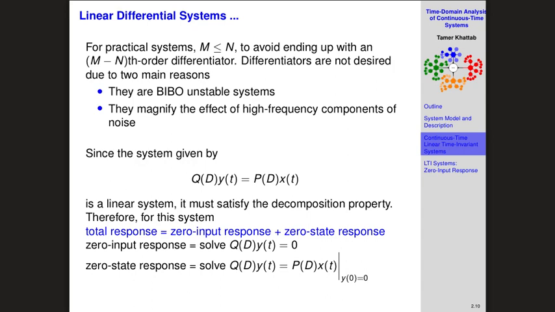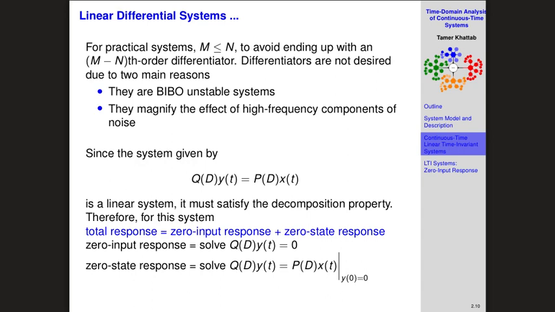We call that the zero input response. Then you set the initial conditions to 0, and you calculate the output from any particular input, and we call that the zero state response. The total response of the system with certain inputs and certain non-zero initial conditions is simply the addition of those two responses together.